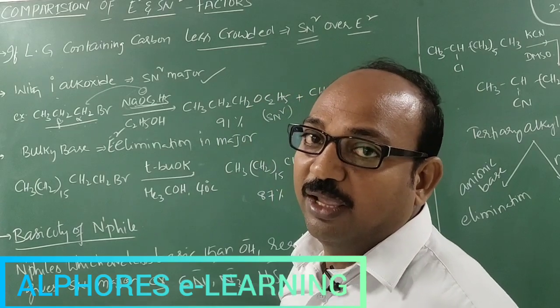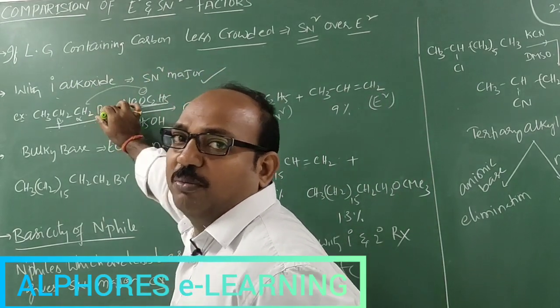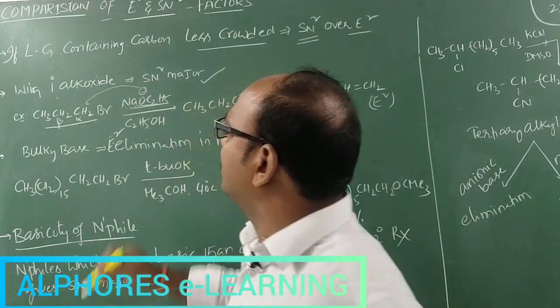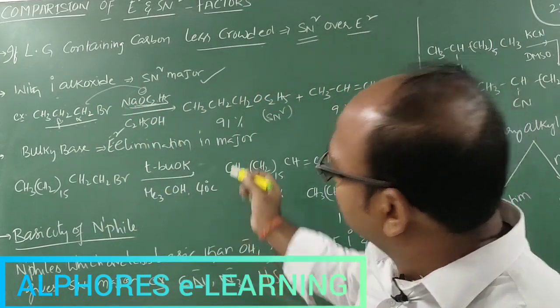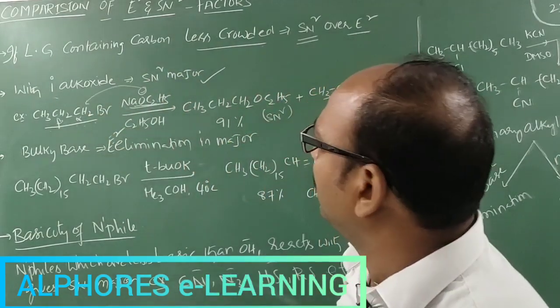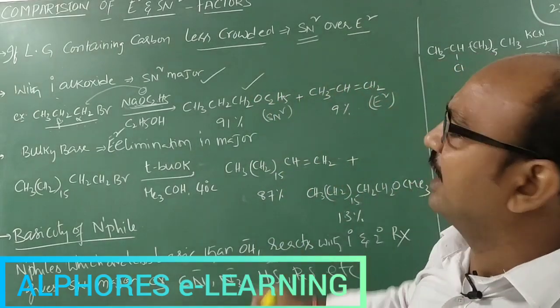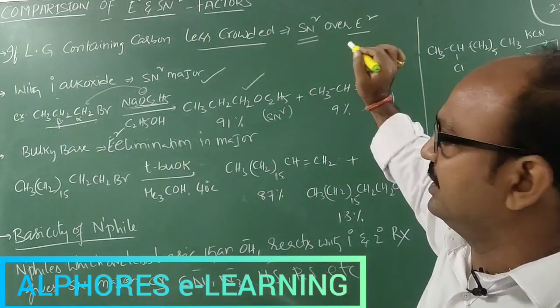That we cannot say. Along with the sodium alkoxide, the alkyl halide also must be considered. Since both the alkoxide and the alkyl halide are primary, the SN2 product is major rather than the elimination product.